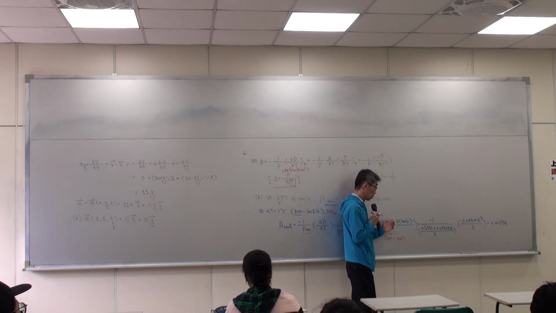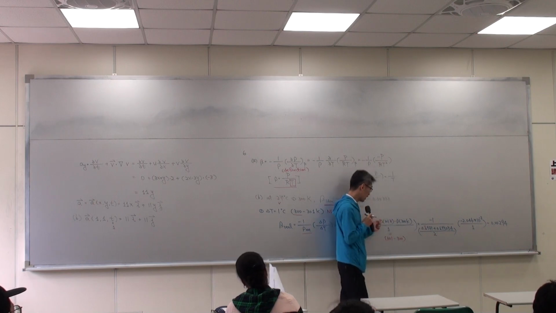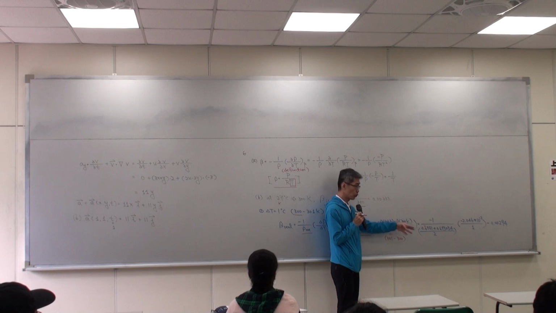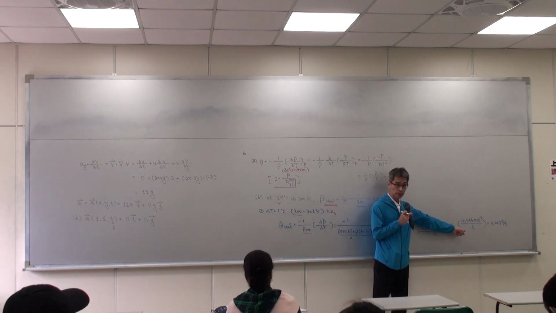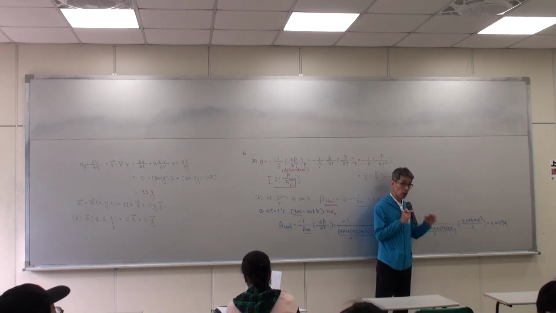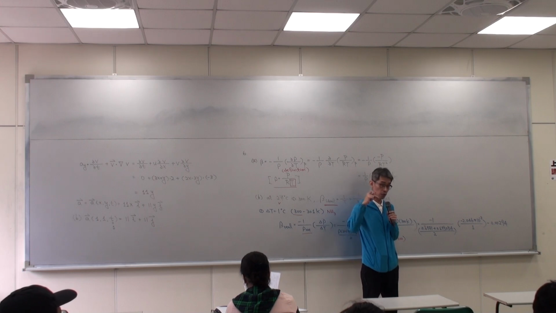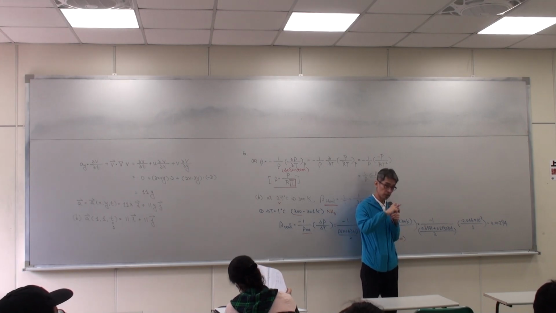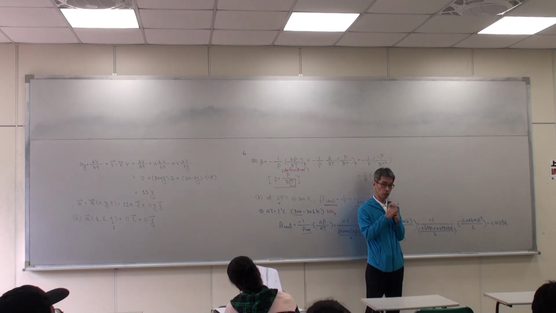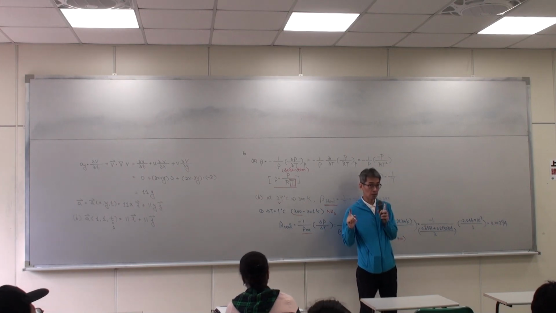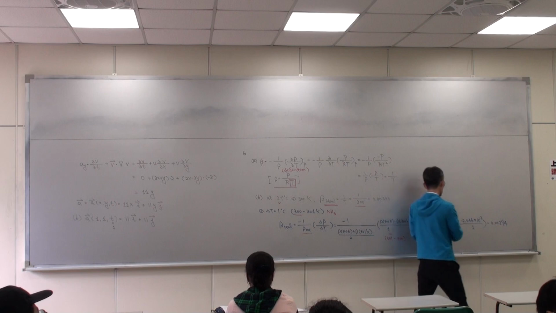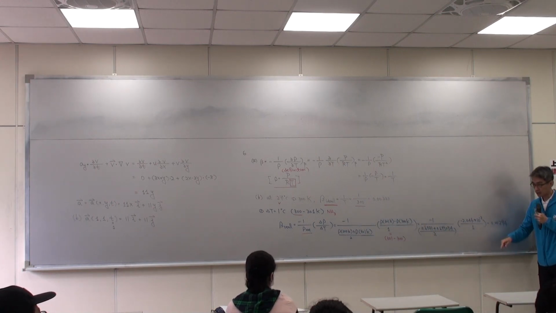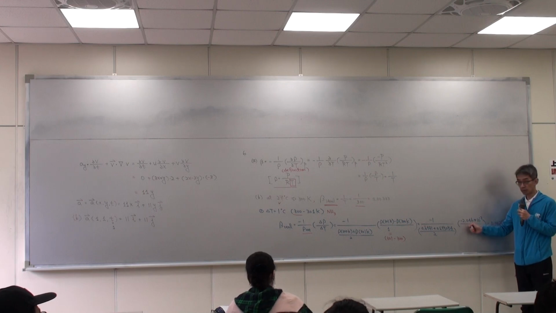The reason is this value is less than this value, so you will get a negative sign. That's why I like to mention it, because some slopes are positive and some are negative. As long as your temperature gets higher, your density gets less, so you will get a negative sign.